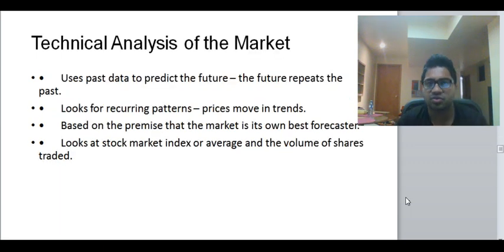Technical analysis uses the past to predict the future, so the future repeats the past, looking for recurring patterns. Price moves in trends, and it is based on the premise that the market is its own best forecaster, and it looks at the stock market index on average and volumes or shares traded.